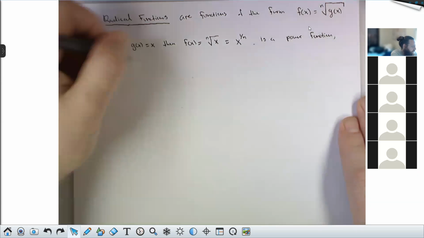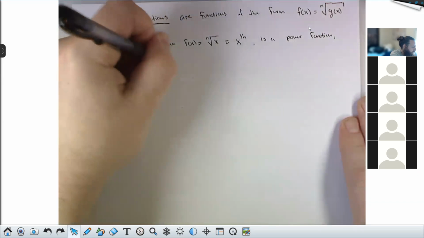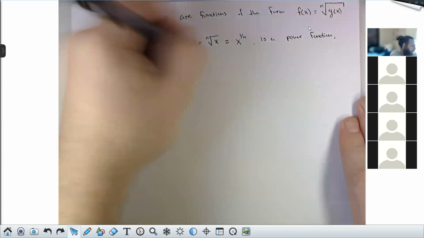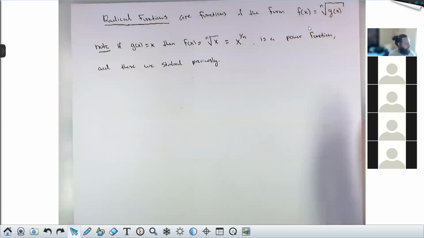And these we studied previously. So you know the rough graph shapes for all of those guys, right?